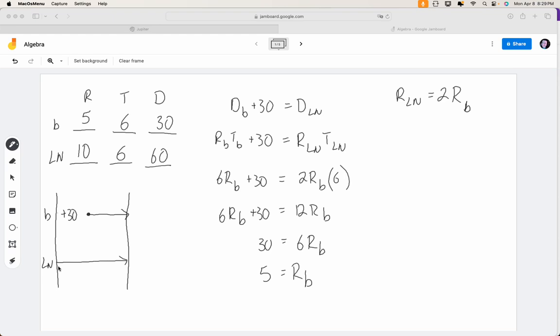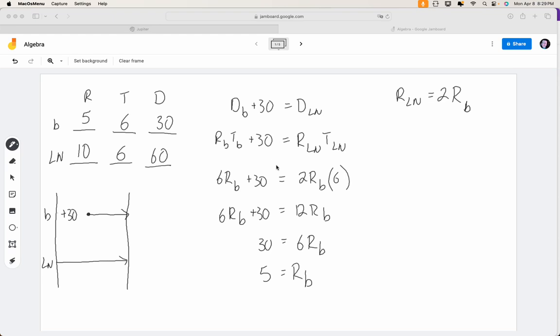Then it says Nelson chased at twice the speed of the brigantine. So Lord Nelson's speed is 2 times the speed of the brigantine. So R_LN, the rate of Lord Nelson, equals 2 times R_B. We're going to use that as a substitution value.